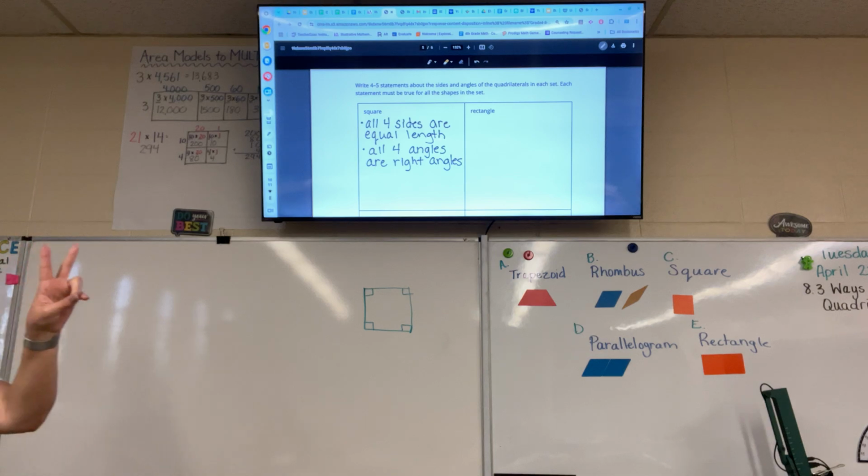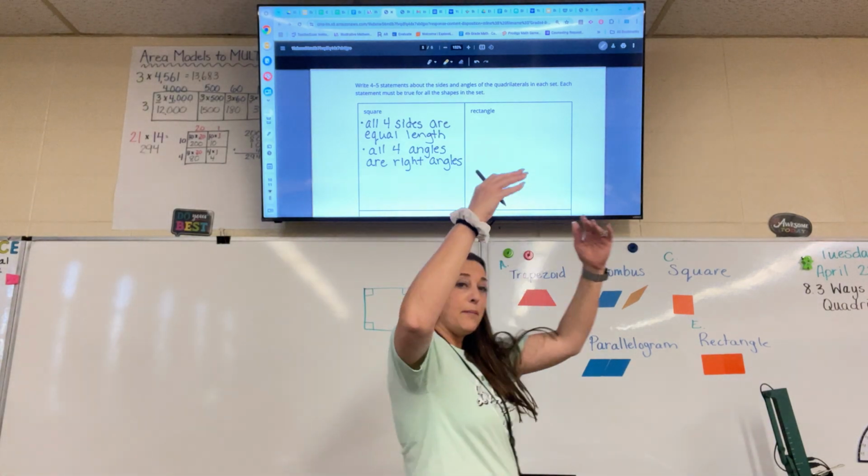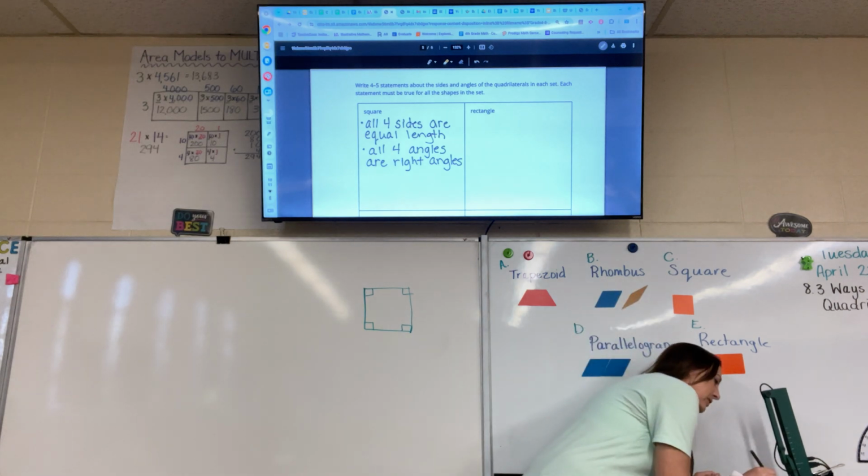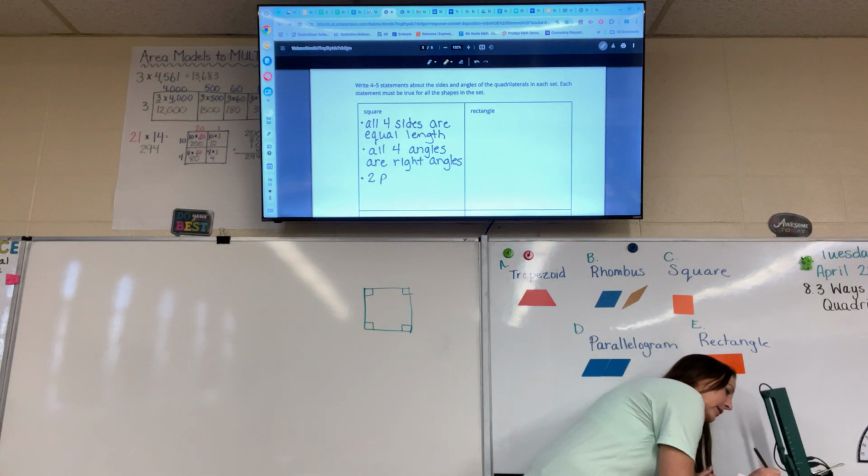You're right. The top and bottom are parallel and the left and right. So we need one more thing. So write down 2 pairs of parallel sides.